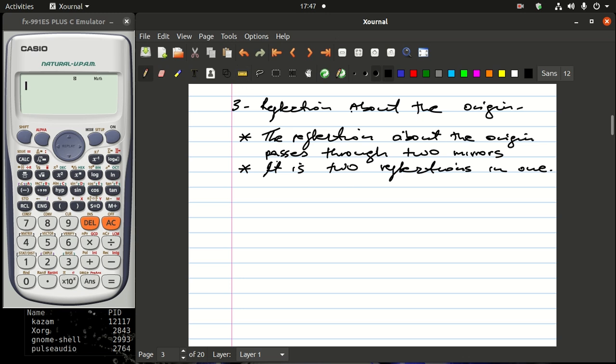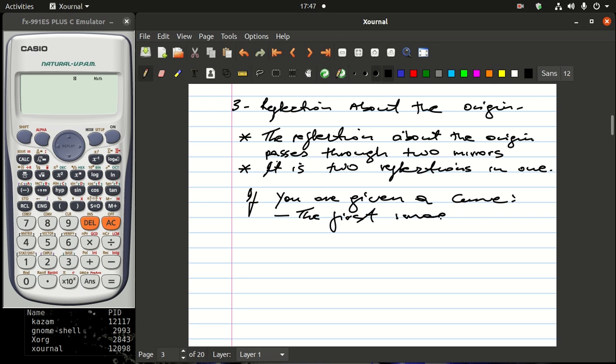Now, the reflection across the origin is like this. If you are given a curve, the first image will be the reflection about the y-axis.